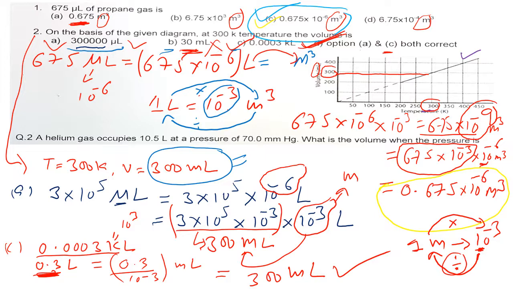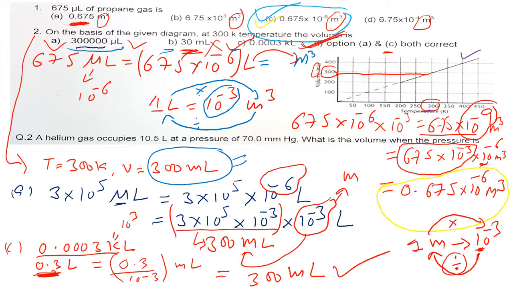So what is this option A? This option A is 3 and here 5 zeros are there. So I can write like this: 3 into 10 to the power 5, and this is microliter. So this micro also I am changing. Here this is 3 into 10 to the power 5, and micro means 10 to the power minus 6, and this is liter.